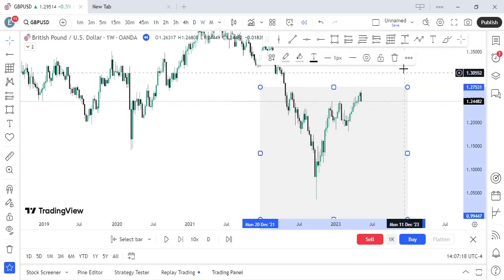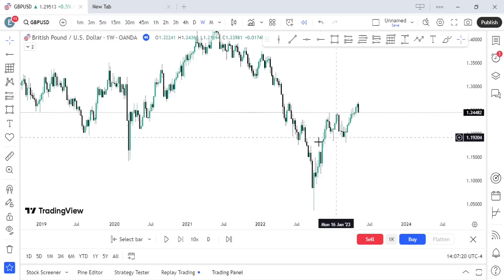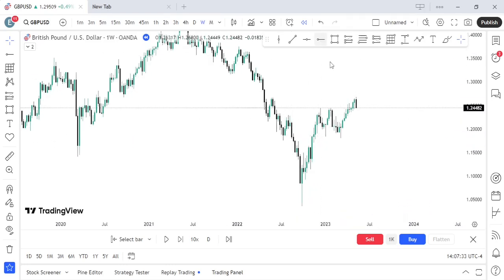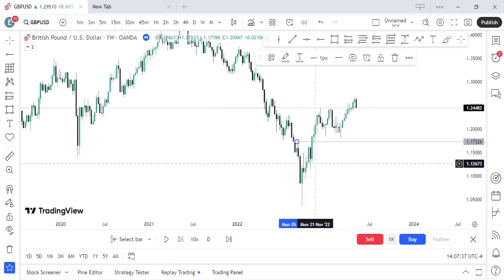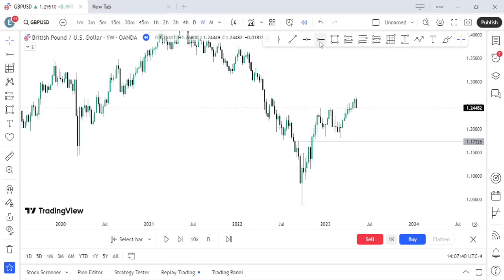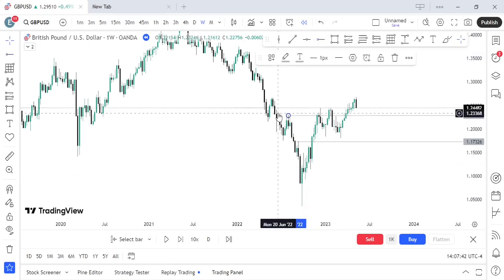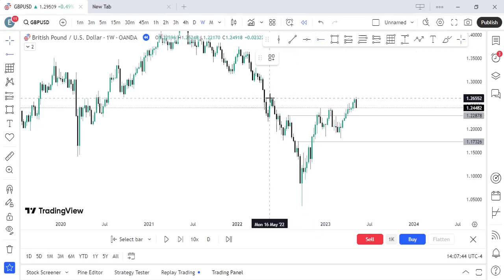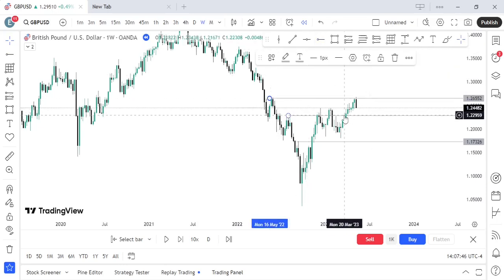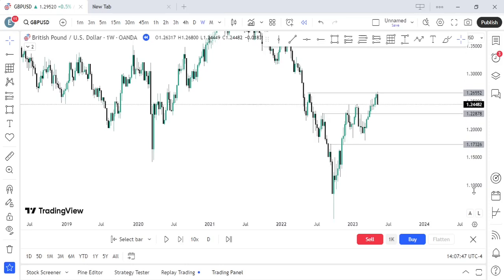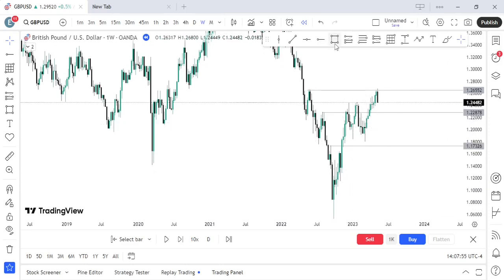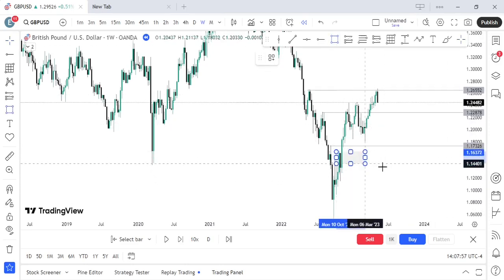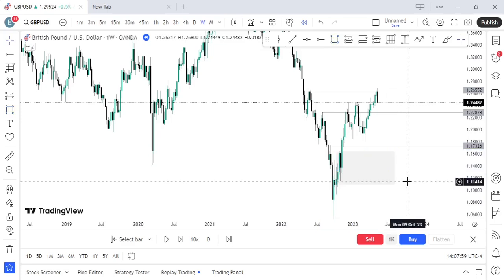So you need to highlight every single high in the section right here. As you can see, this right here was the first high broken by price action, right? This was the second high. This was the third high, and this was the fourth high broken by price action. Okay, so immediately price broke this structure. This bullish order block right here automatically became a valid order block.